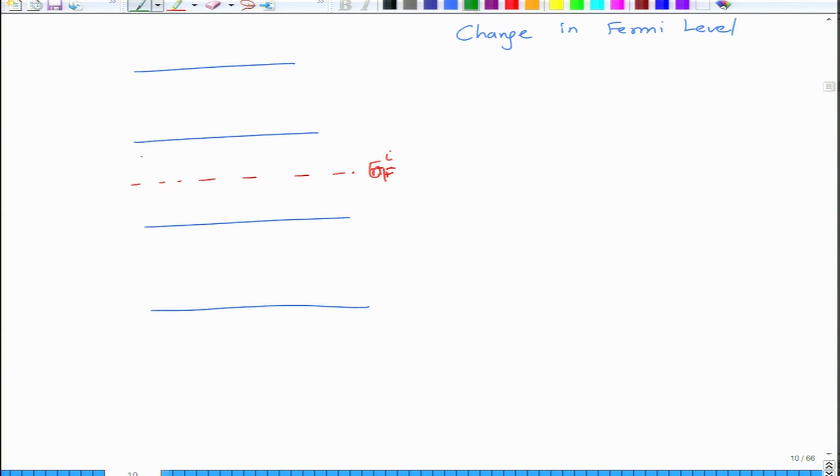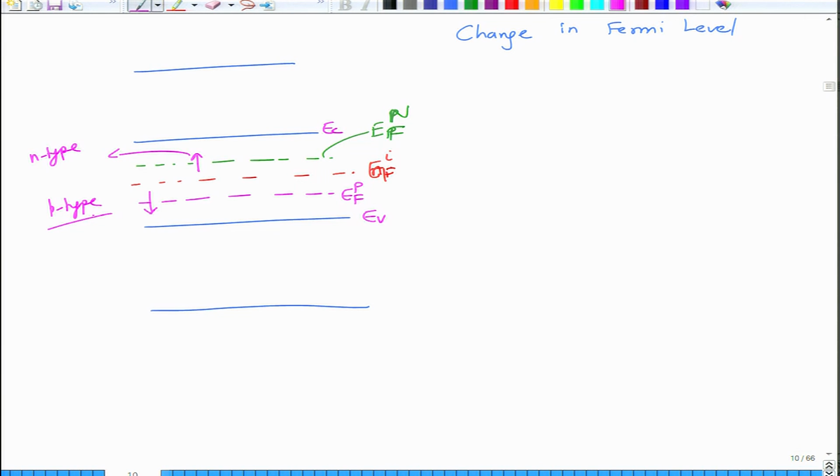For P and N type semiconductors, this is EFN, and this will be EFP. The Fermi level tends to shift up for an N type towards the conduction band, this is EC, this is EV, and the Fermi level tends to shift down for a P type semiconductor.